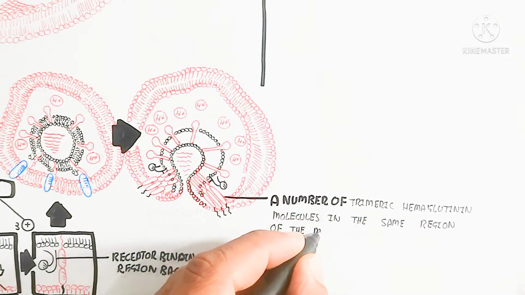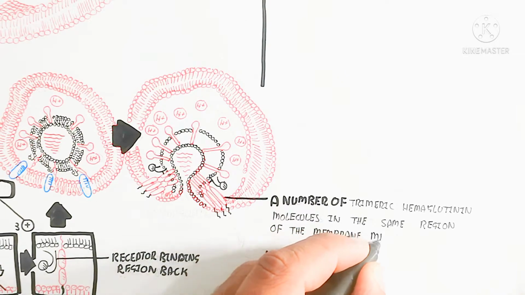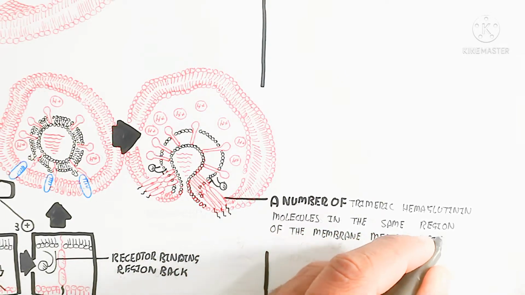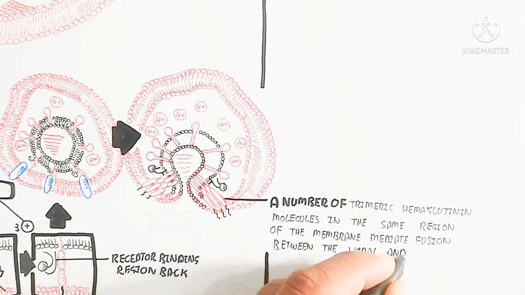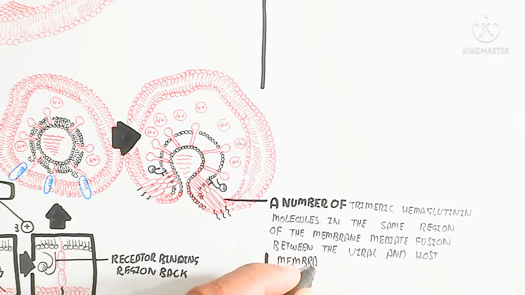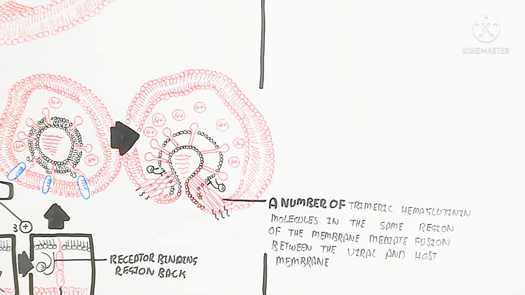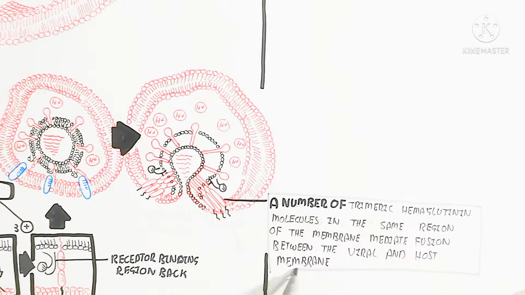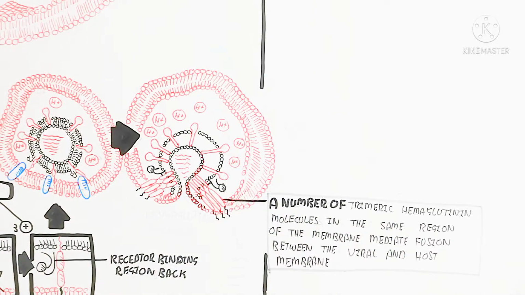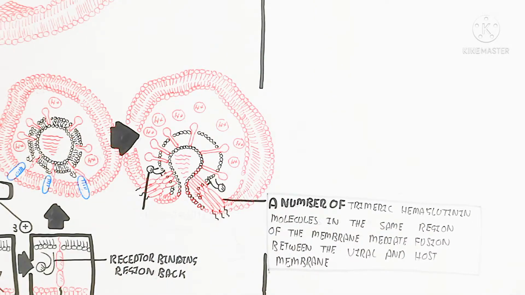In this way, a number of trimeric hemagglutinin molecules in the same region of the membrane mediate fusion between the viral and host membrane. After the fusion with the hemagglutinin, this is the hemagglutinin molecule, the receptor binding region will be relaxed.